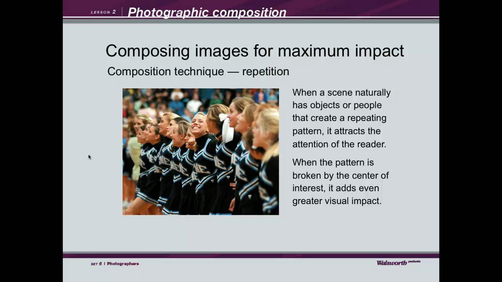Along with depth, we also have a compositional technique called repetition. This is when a scene naturally has objects or people that create a repeating pattern, and it helps to attract the attention of the reader.